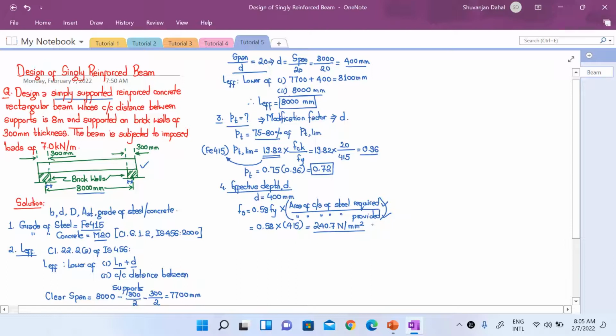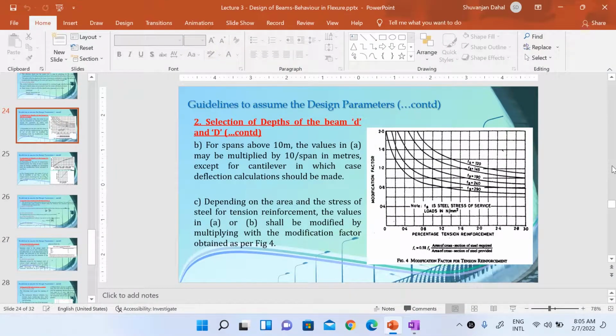So using this value of Fs, we have to determine the modification factor. Let me just do it quickly here. Our percentage of steel reinforcement is 0.72 and the Fs value is 240.7.